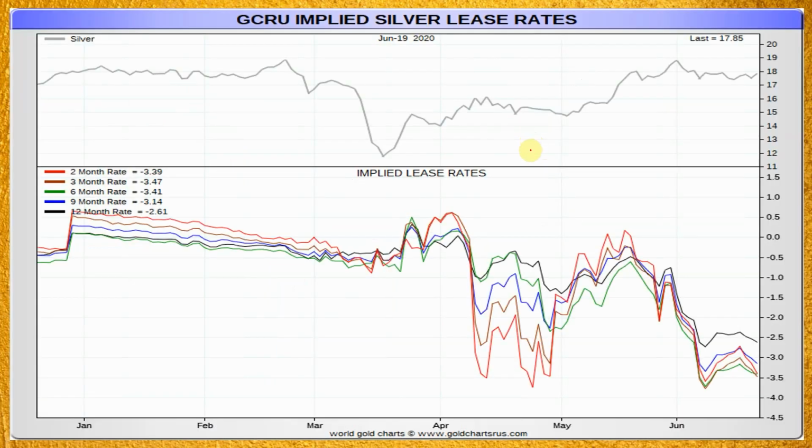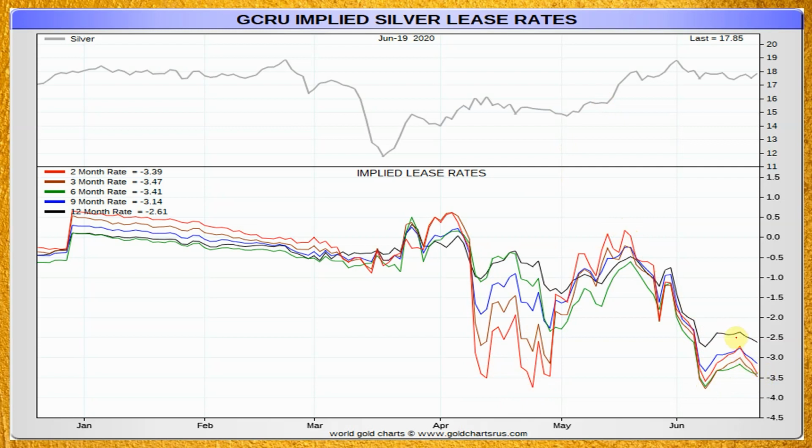Now, looking at the lease rates, we also have silver lease rates, which are behaving even more strangely than gold. So here we can see that in April, the lease rates went almost to -4%, and that settled down. It went to 0, but then it went back again to almost -4%, and at the moment it's around -3.5%.